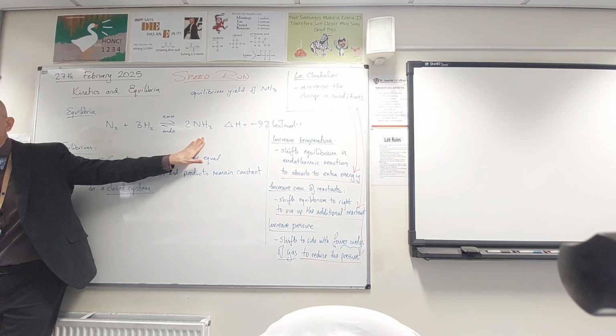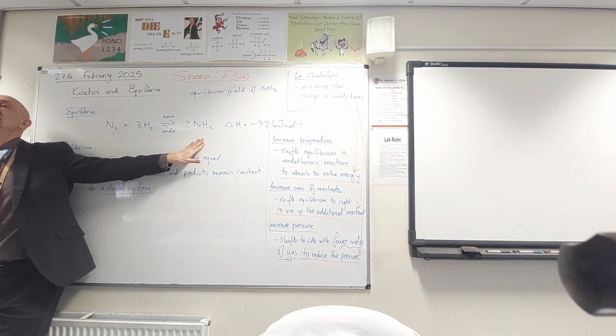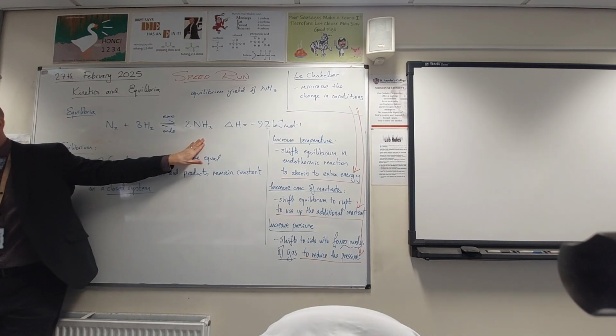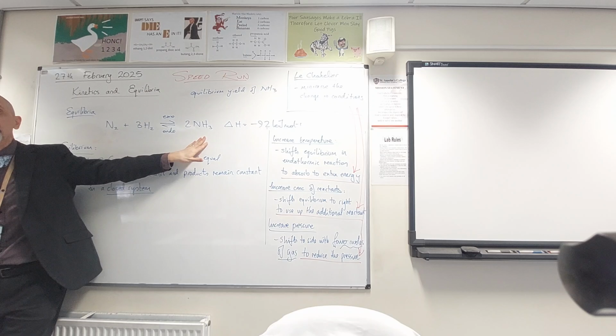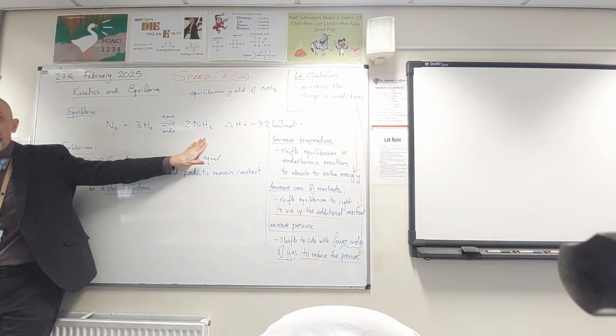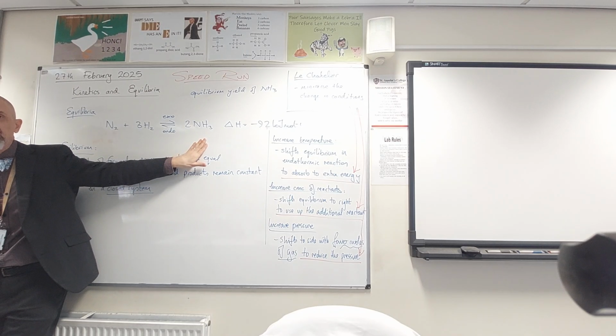No, because you're not producing more reactants. You're still producing the same amount of reactants. Oh, because it speeds up the forward and backward reaction at the same rate. Okay, equally is a good word there. Right, so my point was, if we're making nitrogen and hydrogen into ammonia faster, surely that should increase the equilibrium yield of ammonia.